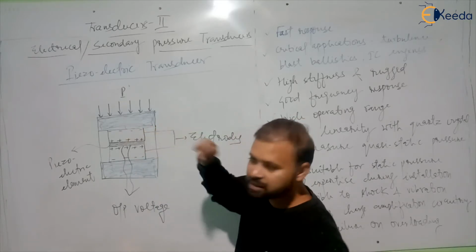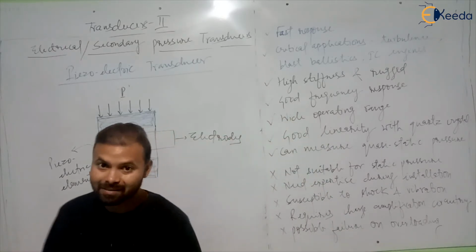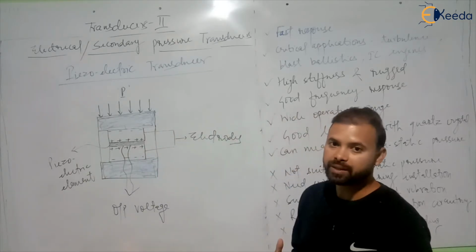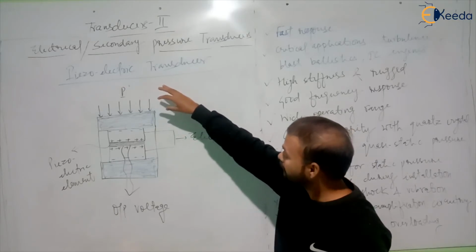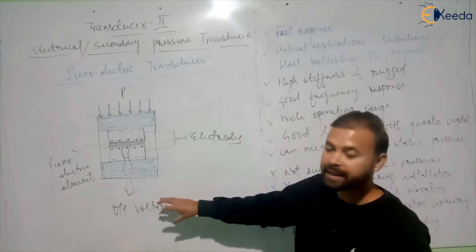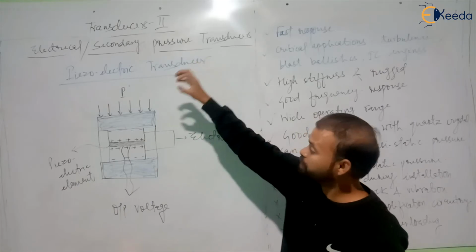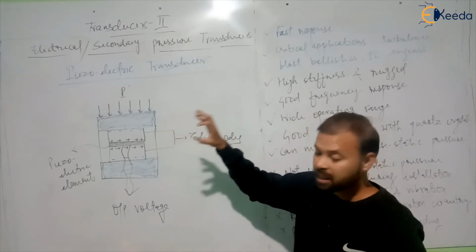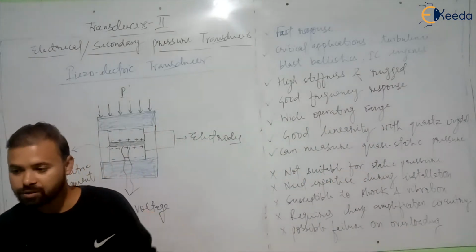This charge is collected by some charge collecting circuitry, and you get a voltage output in return. So pressure can be calibrated into output voltage, or the output voltage you are getting can be directly calibrated to measure the pressure here.